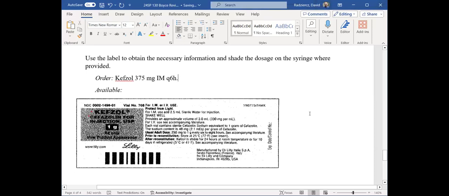Hopefully you can see the label. I know it could be a little bit challenging, but if I give you this, go ahead and see if you can solve. If you can't see it, just say I can't see it, and I'll work through it. But this would be another reconstitution question. So see what you get. You're looking for milliliters.